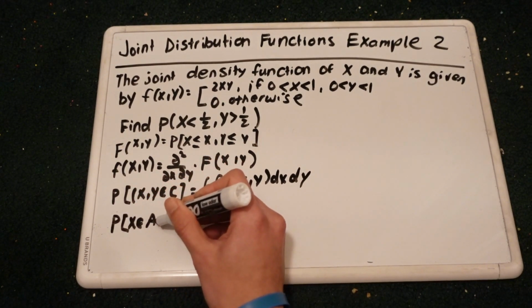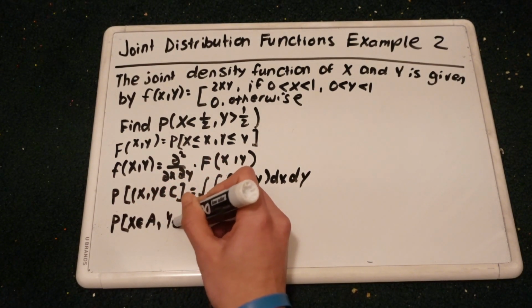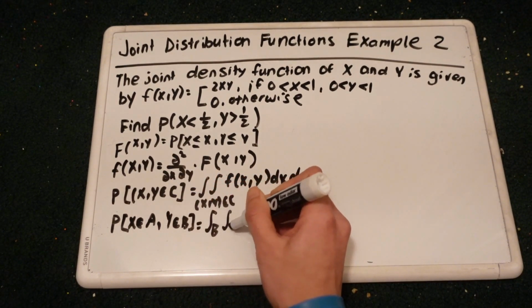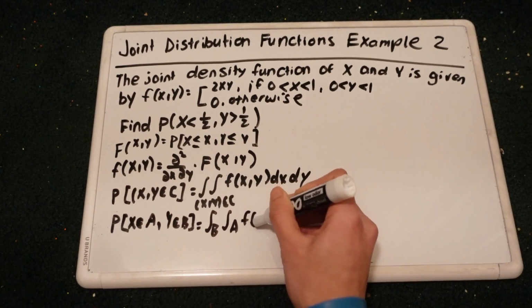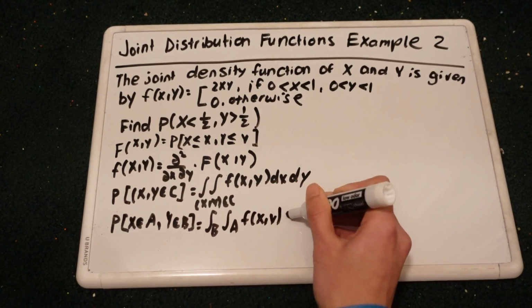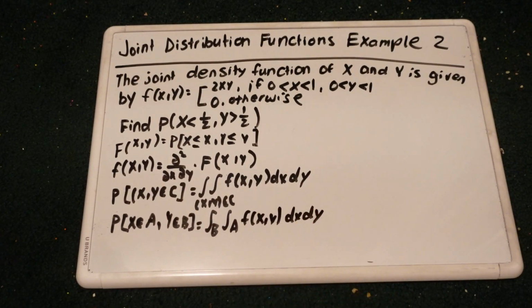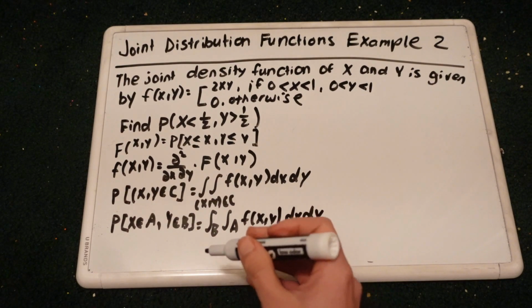So the probability that X is in A and Y is in B would just be the integral over B, integral over A, of f of x, y, dx, dy, if the function f of x, y is the joint probability density function of x and y.